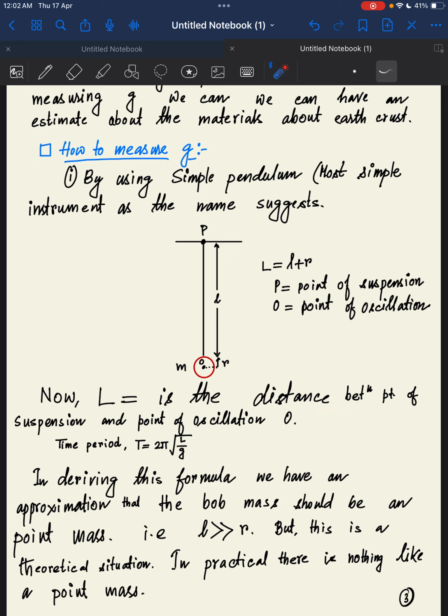So this is an assumption. If we can increase the length of the string, this length, and R is so small that it is very less compared to the length L, then we can call in this situation that the mass is a point mass. So this is a theoretical situation. Practically it is not possible to achieve that condition, but we can have some approximation to calculate L.